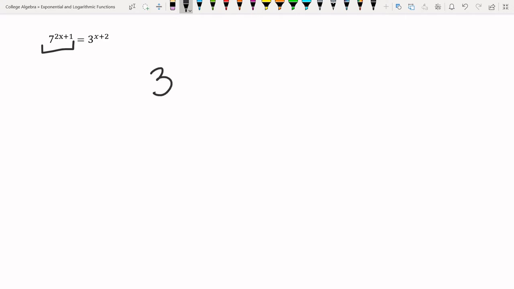But I can't just do that, right? If I were to do that, I'd be changing the problem. So I also have to put in what undoes the 3, namely log base 3, and then put that in the power, 7^(x+1). And this whole thing equals 3^(x+2).